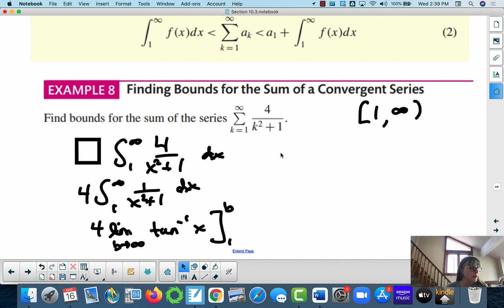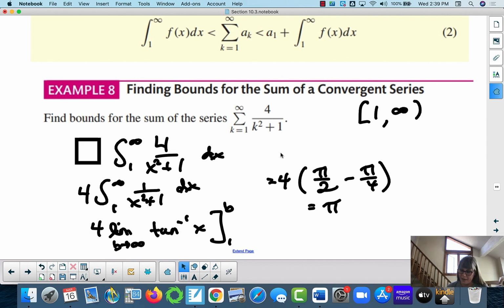And that gave us 4, and when we evaluated b with the limit as it goes to infinity for tangent inverse, then we get pi over 2. That's the limit. Inverse tangent of 1 is pi over 4. And so that's going to give us pi when we evaluate that.